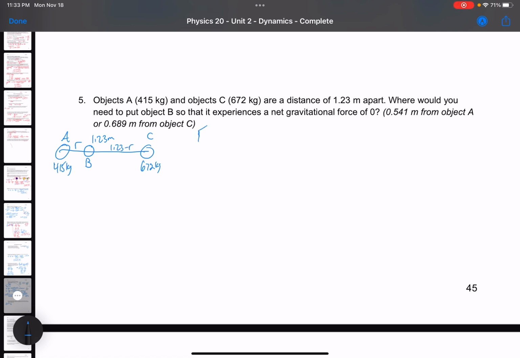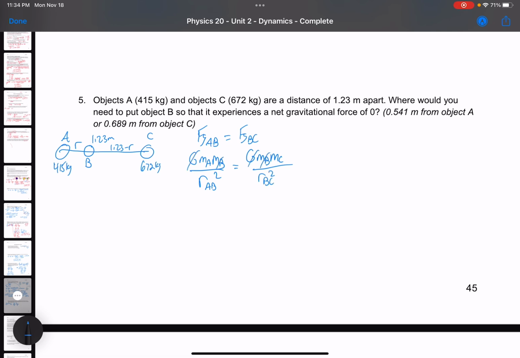Okay, so hopefully you're starting to get the hang of these a little bit more, but if not, that's okay too. They're a little bit trickier. So this is going to be G, mass of A, mass of B. This would be G, mass of B, mass of C. Again, cross out anything that's the same.